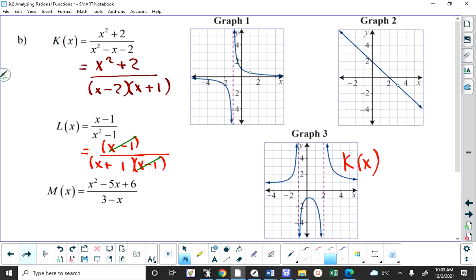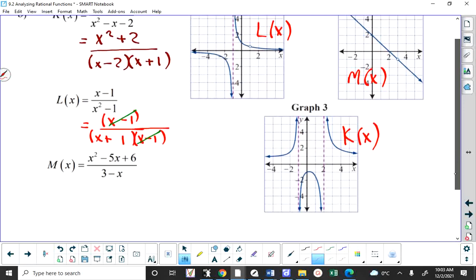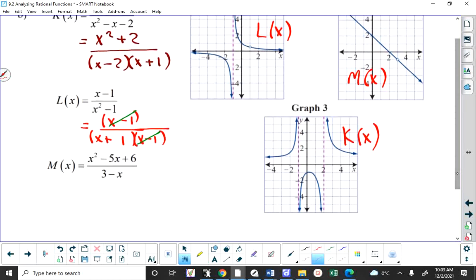The hole should be at the place where the zero of the factor that cancels is. So since the x minus 1 canceled, we need a hole at 1. Since the x plus 1 didn't cancel, we need a vertical asymptote at -1, which makes this graph L of x. And by a process of elimination, this is m of x, but I want to talk about what's going on here with m of x.